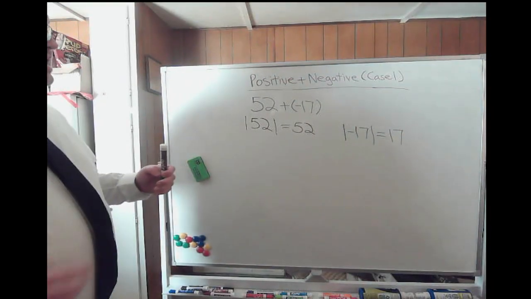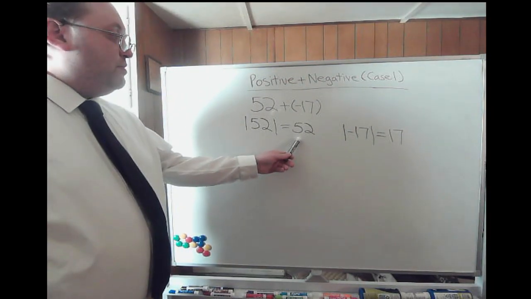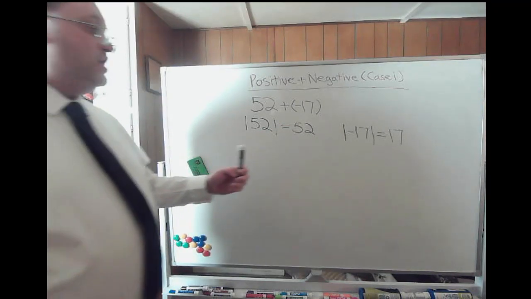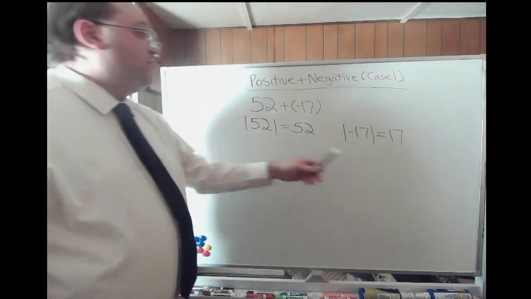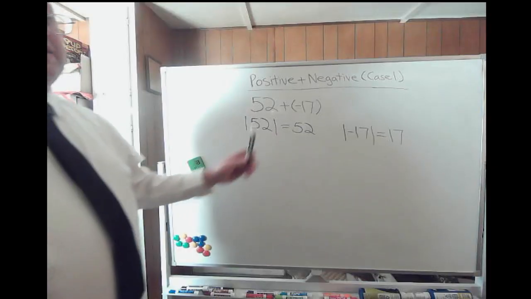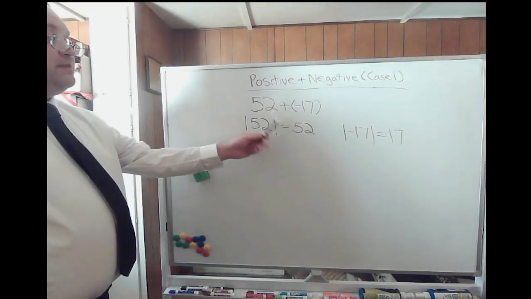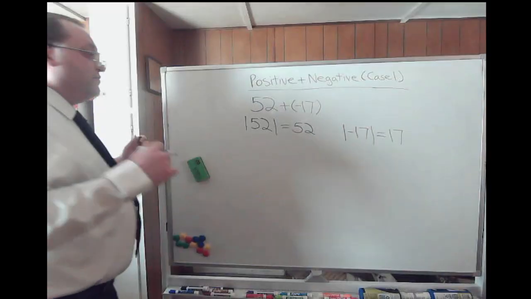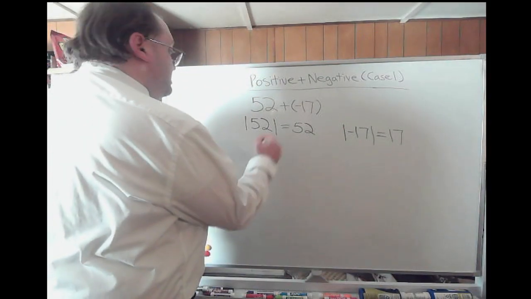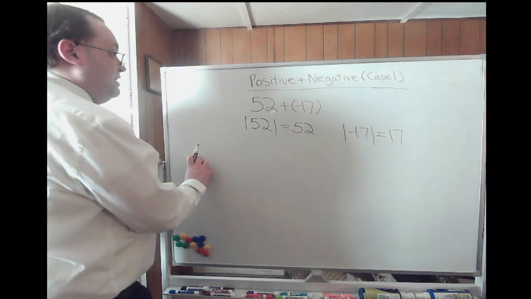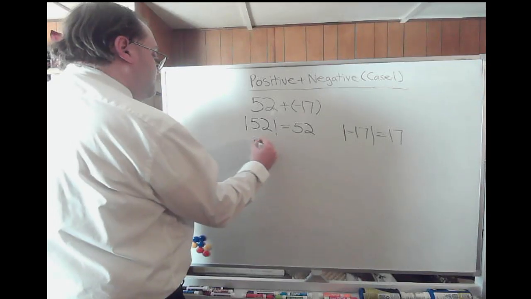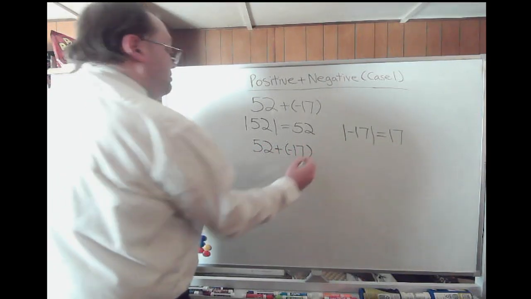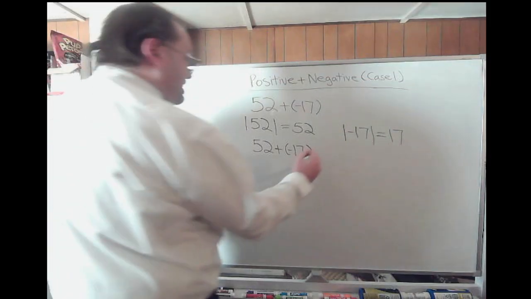If the bigger absolute value is positive in your original equation, you're going to get a positive answer. For example, we're dealing with 52 minus 17, or 52 plus negative 17. Remember, we said plus a negative is the same as a negative.